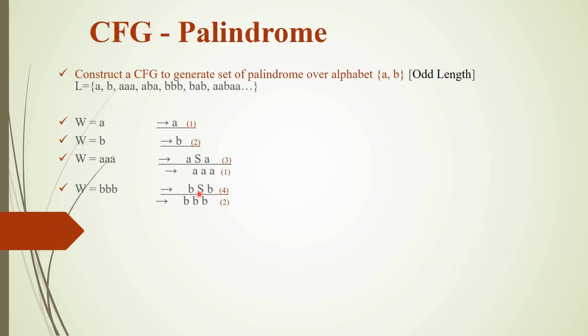Then the next one is abba. For that you just use your third expression as the initial one, and then you want b as the middle symbol. So you replace this non-terminal with your second expression, which is S tends to b, which means you substitute your S as b. So that's why I'm using the second expression as the reference expression over here, and I generate my string as mentioned in my language set, or string set.